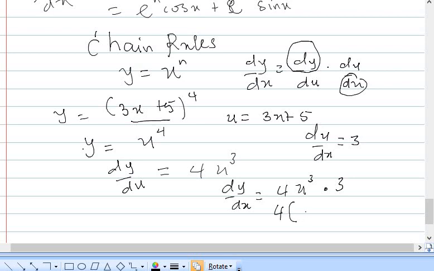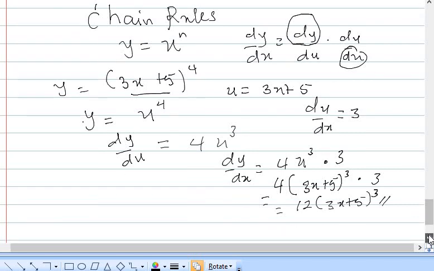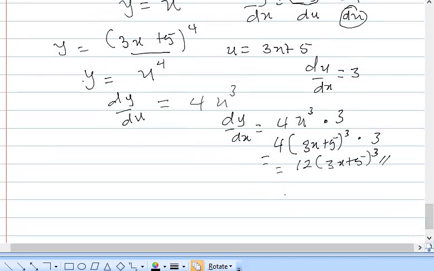Our u is 3x plus 5, then power 3, times 3 also. 3 times 4 making 12, times whatever is inside the parentheses, that's 3x plus 5 all power 3. So this is how it should be.